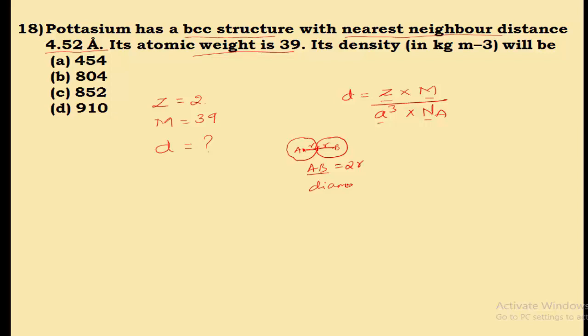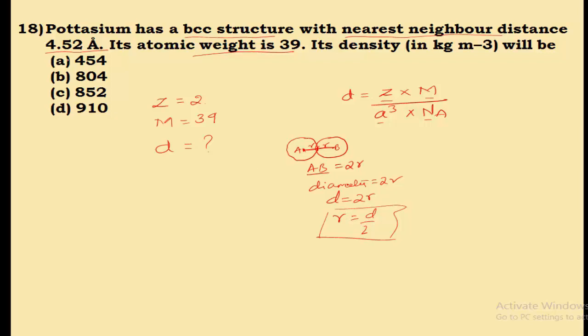So the diameter D is equal to 2R, and R is equal to D by 2. That is nothing but the radius.